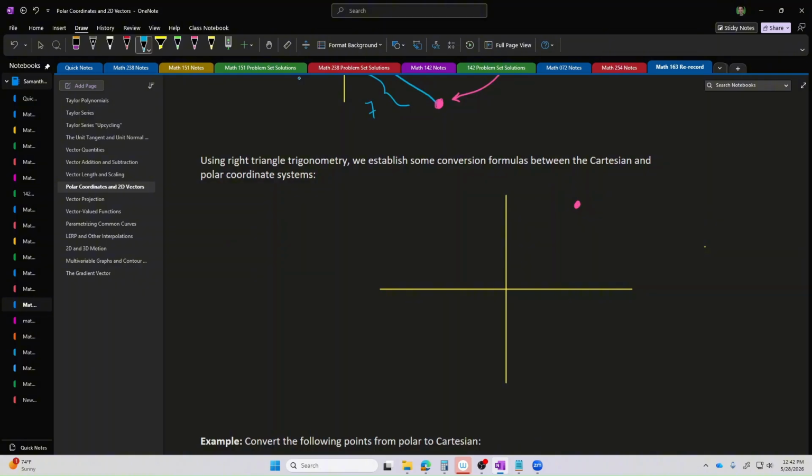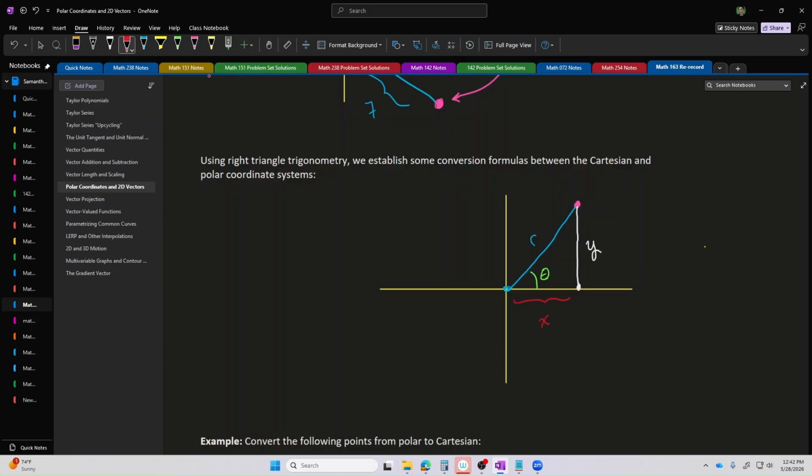In polar, it would be described in terms of its distance from the origin, r, and the angle theta that it makes with the positive x-axis. In terms of its x-coordinate and y-coordinate, this vertical distance would be the value of y, and this horizontal distance would be the value of x.